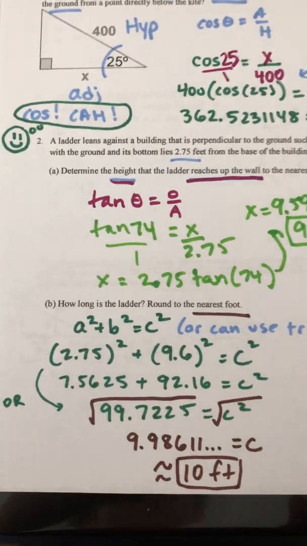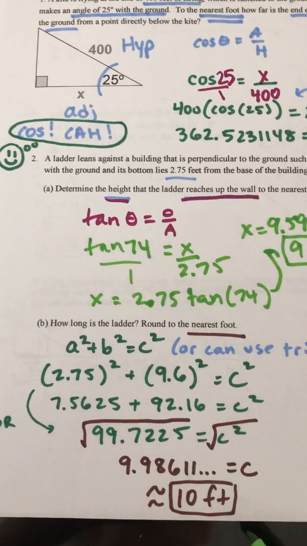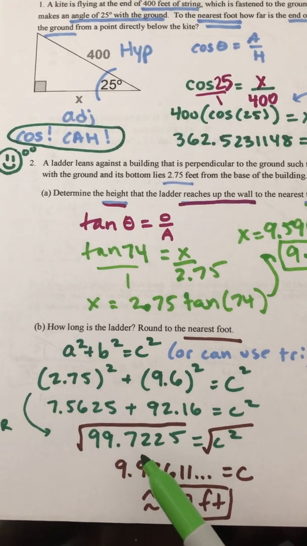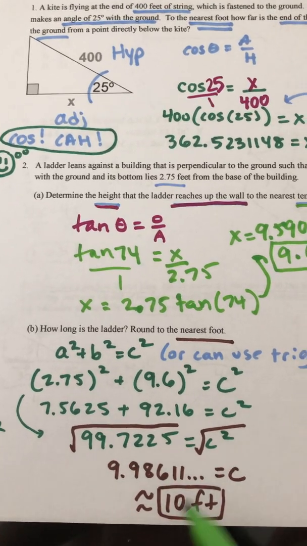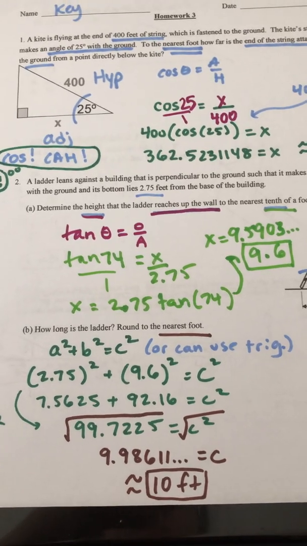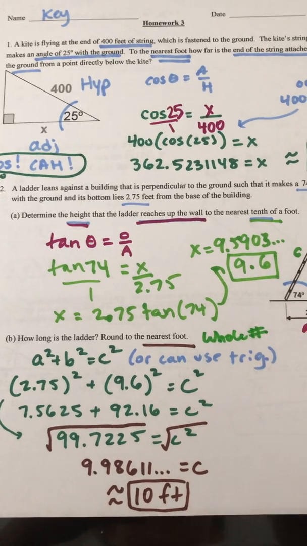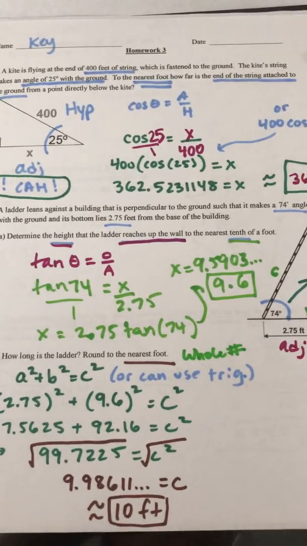You could do a Pythagorean theorem or trig, but I have it here with Pythagorean theorem. The two legs get squared. You could jump to the total of 99.7225. Square root both sides. You get 9.98611 dot dot dot. Nearest foot is the whole number, and then you get the 10 feet.